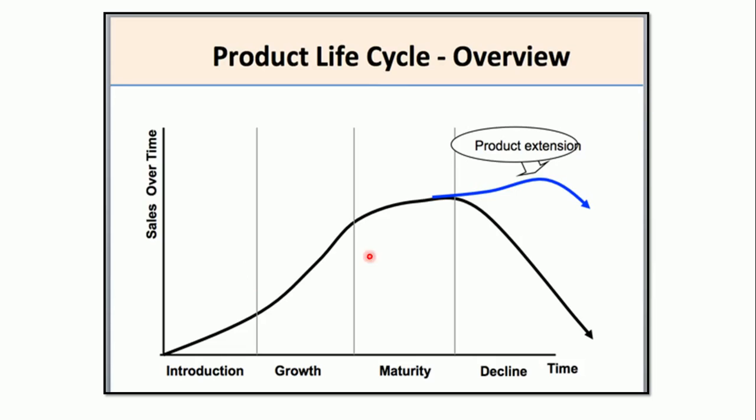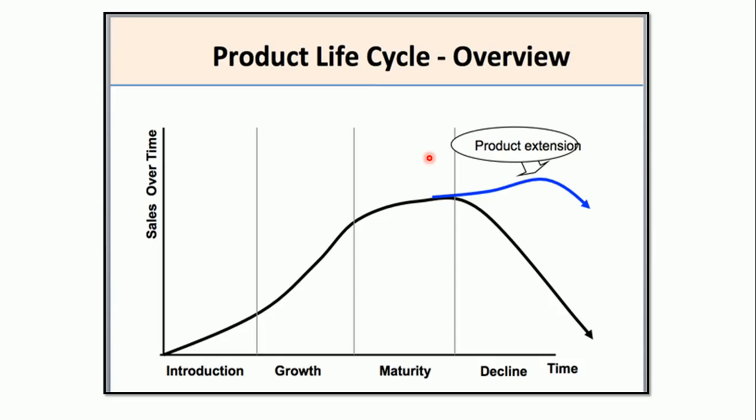Here the graph shows product extension. Here is the start of new variants in the product. So we can maintain this, and we can extend the maturity stage by using product extensions.